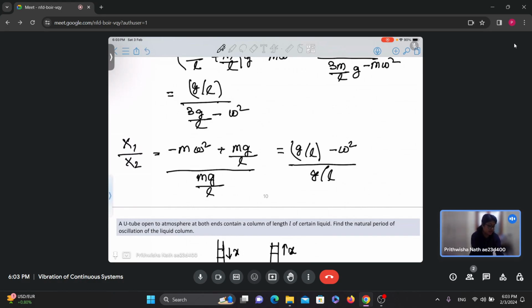Now we need to equate the above two equations so that we can calculate the value of omega.